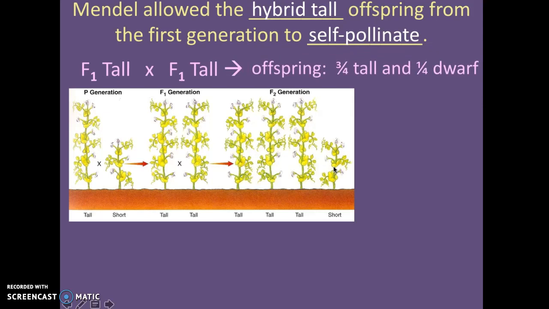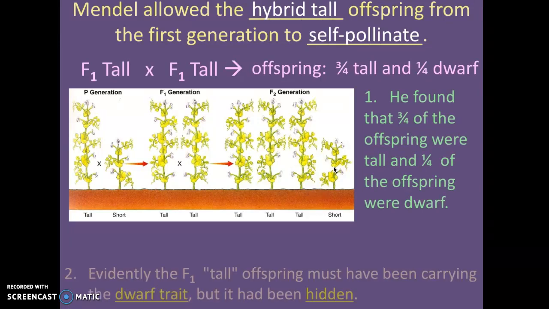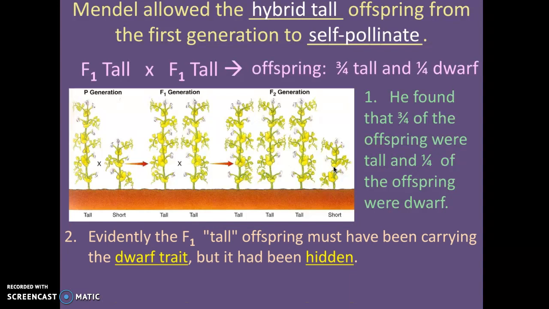And so they were 3/4 tall and 1/4 short. He found that 3/4 of the offspring were tall and 1/4 were dwarf. The tall offspring had to have been carrying that dwarf trait, but it had been covered up by that dominant trait.